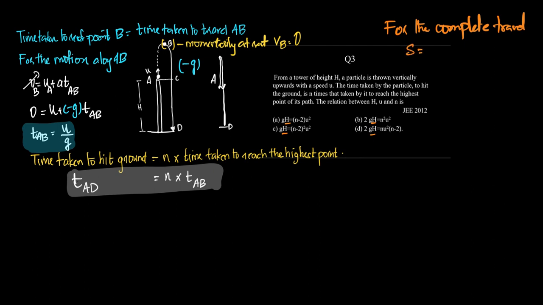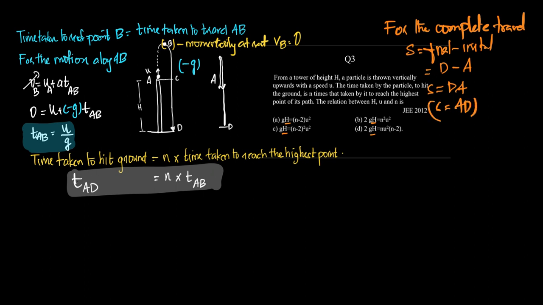S is displacement, which is the final position minus the initial position. The final position is D and the initial position is A, so the displacement is AD.